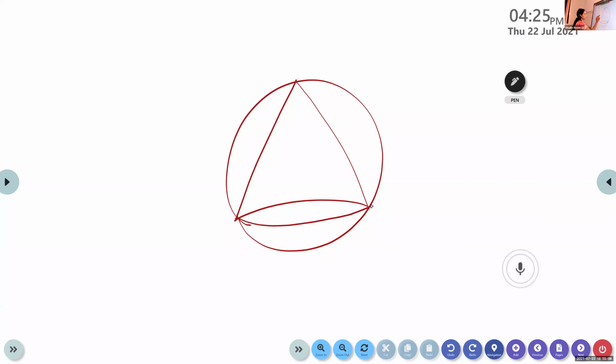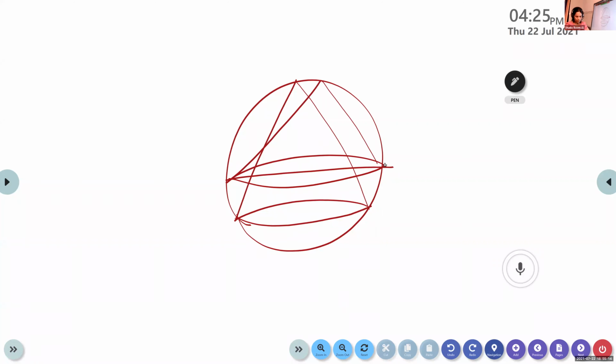We can inscribe so many cones, like this. So what is given here? Volume of the largest cone. Although we are able to inscribe many cones, volume will be maximum when what happens? The volume of the cone will be 8 by 27 times the volume of the sphere.